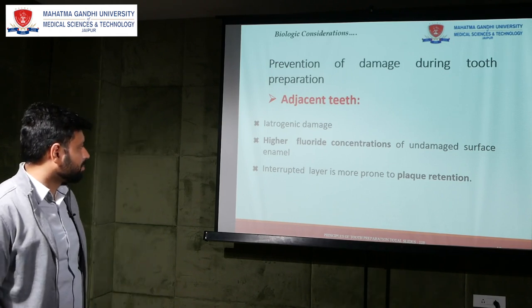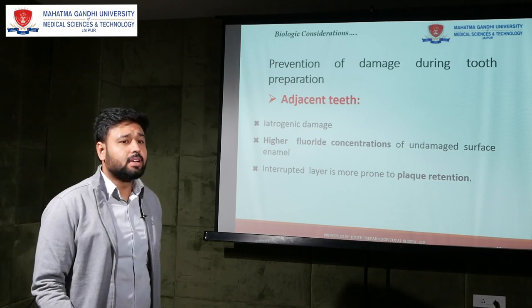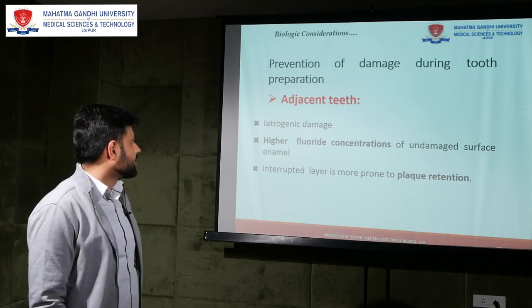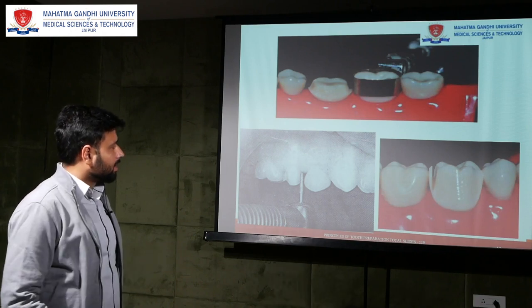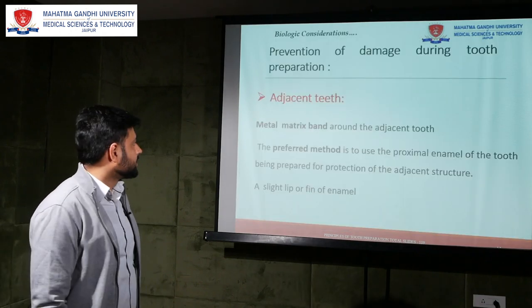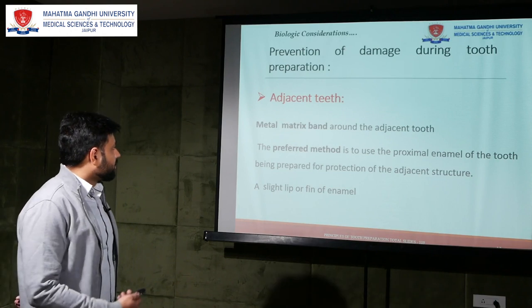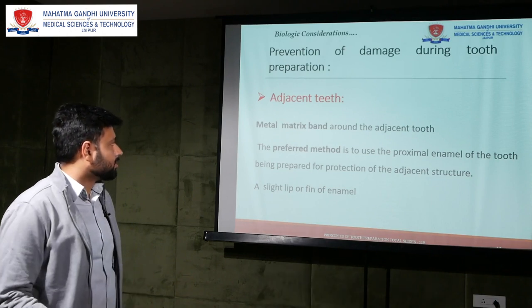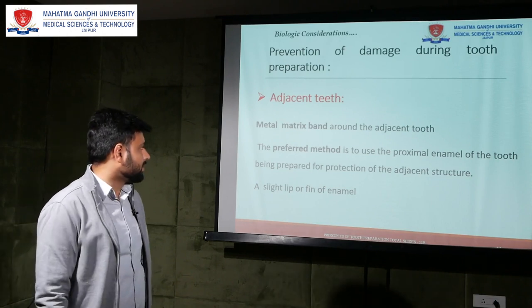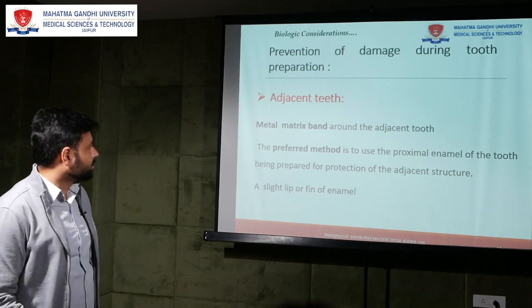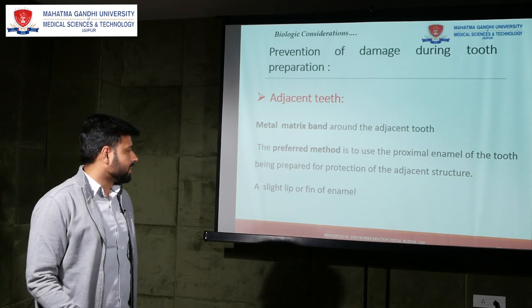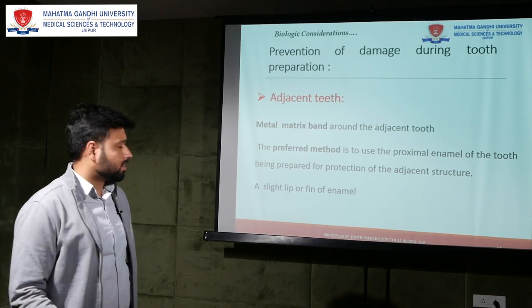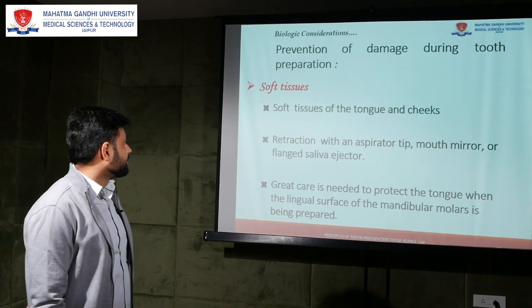The interrupted layer is more prone to plaque retention and erosive damage, and we can save the adjacent teeth with the matrix band or with the enamel of teeth. We can provide a metal matrix band around the adjacent tooth, and the preferred method is to use the proximal enamel of the tooth being prepared for protection of the adjacent structure, and a slight lip or fin of enamel we can preserve while preparing the tooth.